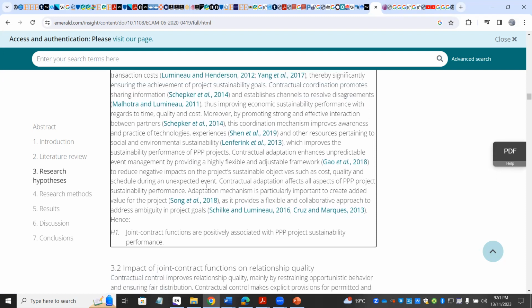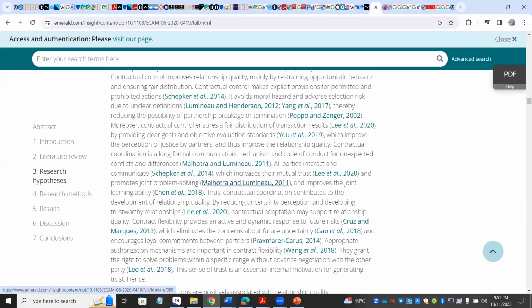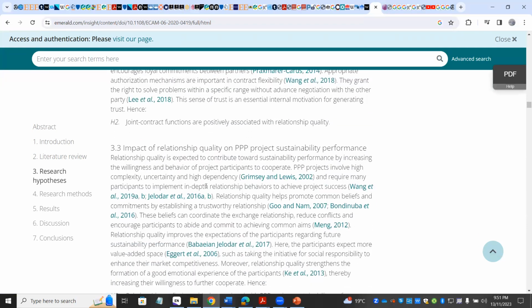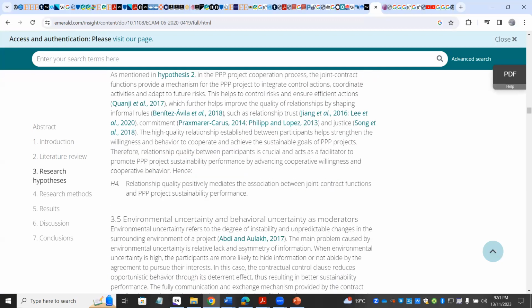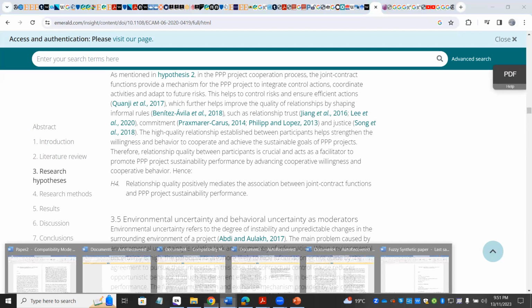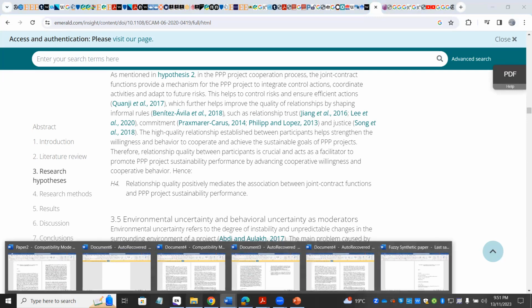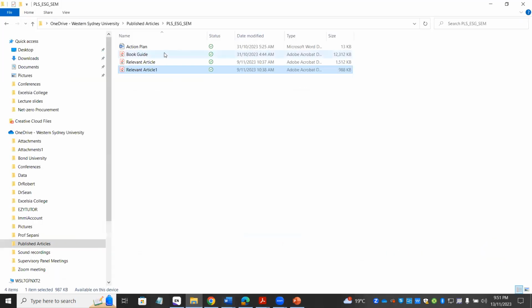Okay. So please, what you have to do is just look at a number of papers and look at the hypothesis development aspect. The reason why you really need this is that if the hypothesis is not developed well, it's going to have effects on the overall paper that we are writing.